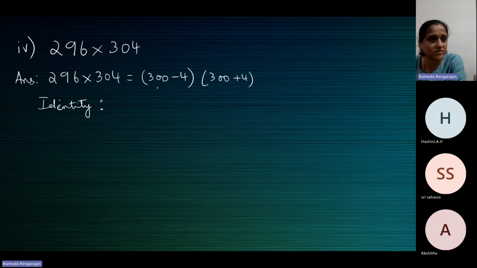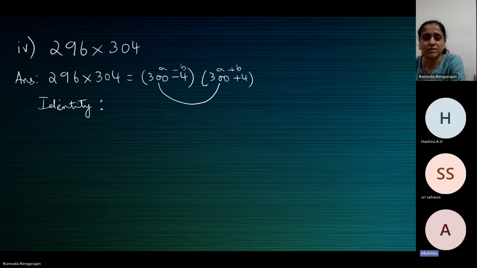Correct. Others agree with that? See here, this is like minus b, this is plus b. A minus b into a plus b, isn't it? The numbers are the same in both the brackets.